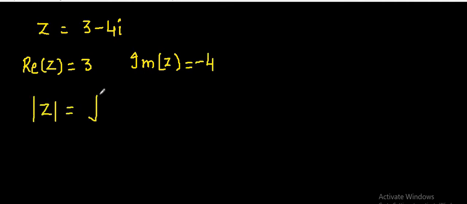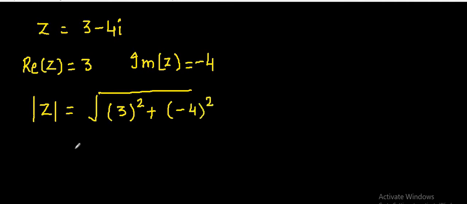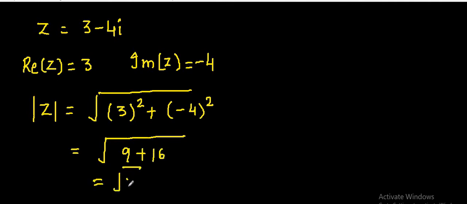It is square root of real part whole square, which is 3 square, plus imaginary part whole square, which is minus 4 whole square. So we have 9 plus 16, which is square root of 25, hence the answer is 5. You must note that modulus is always positive. Modulus is never negative.